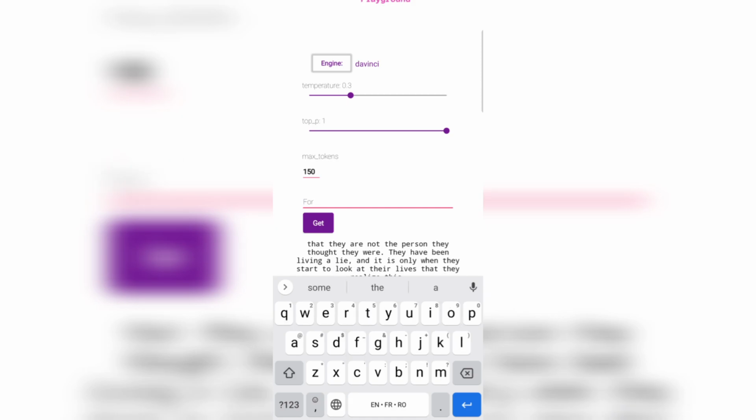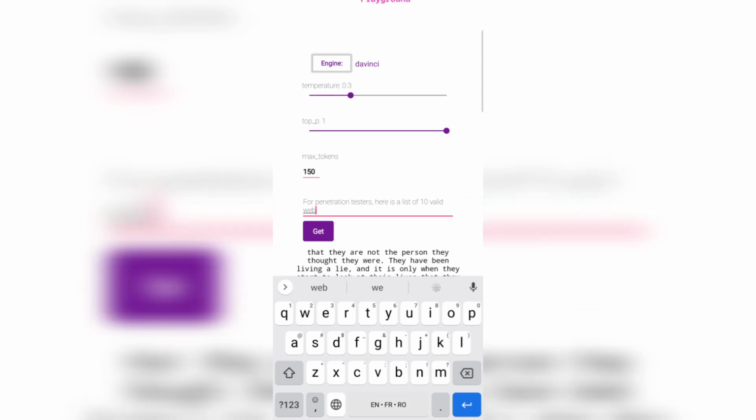So first, for penetration testers, here is a list of 10 valid web application file paths that contain, what do they contain?